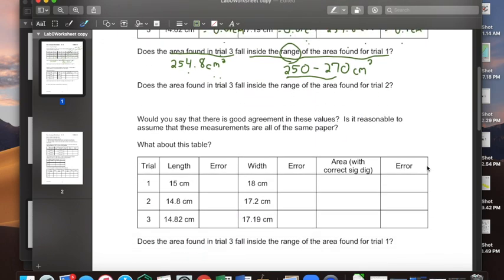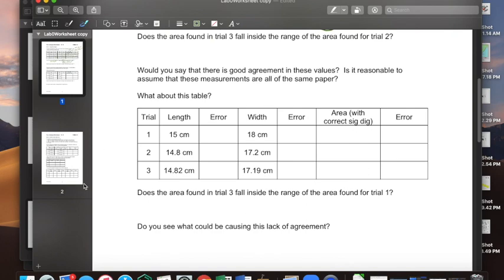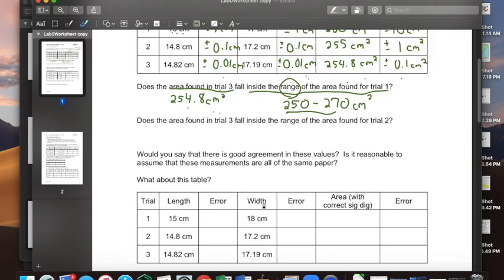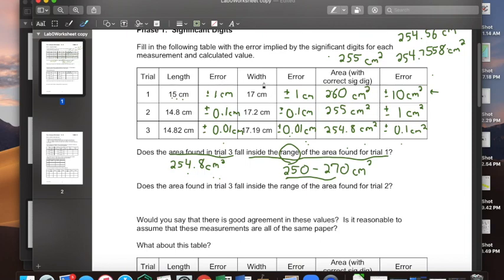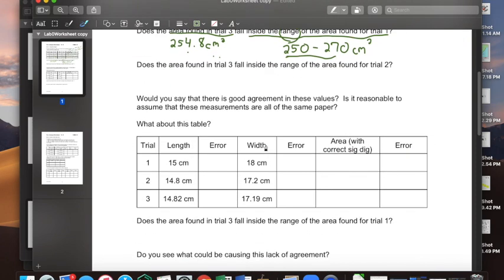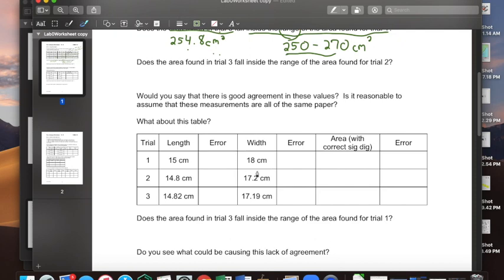In this table over here, we have the same paper, but we have one where instead of this width, which is pretty close to 17 centimeters, when somebody was eyeballing that width, instead of 17, they thought that it looked like 18, which turns out to be a little bit off.